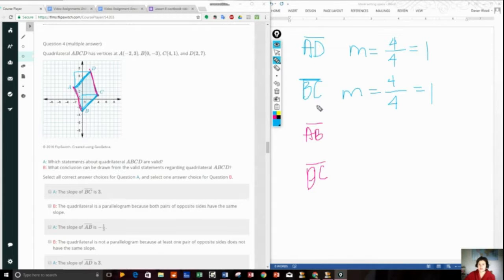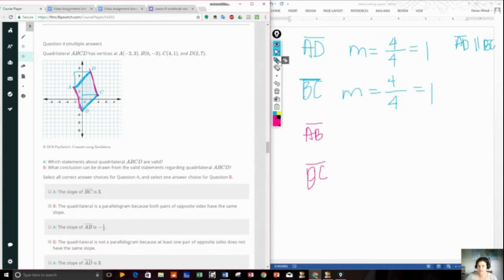So far AD is parallel, and in math that's the parallel notation, to BC. So now I want to check if AB is parallel to DC.